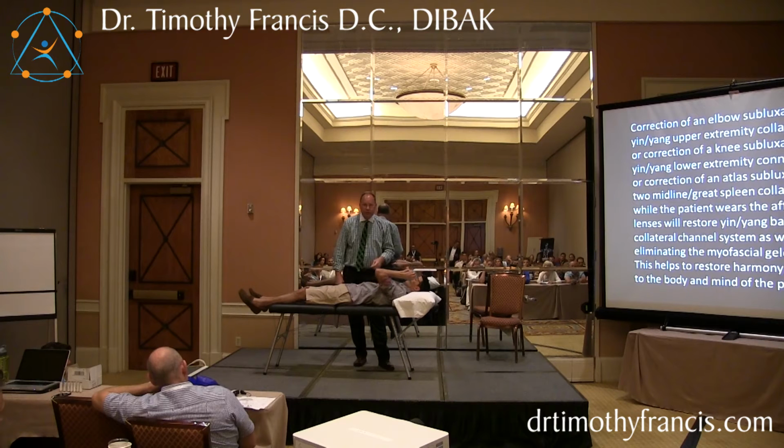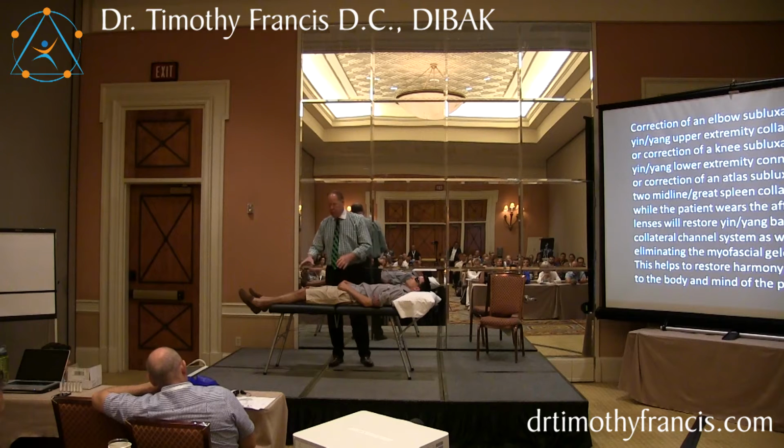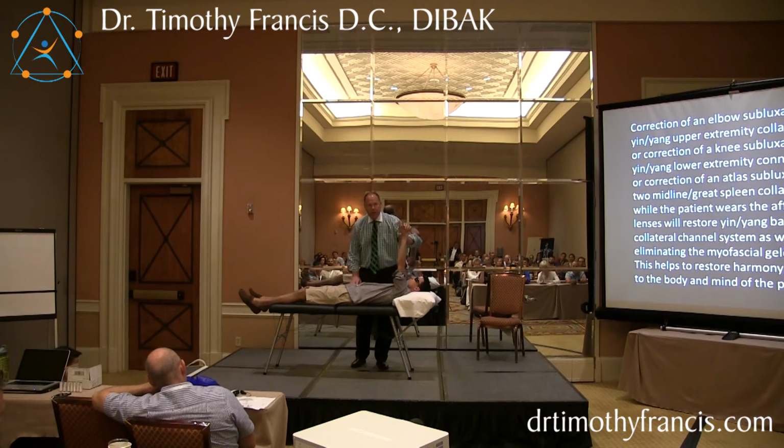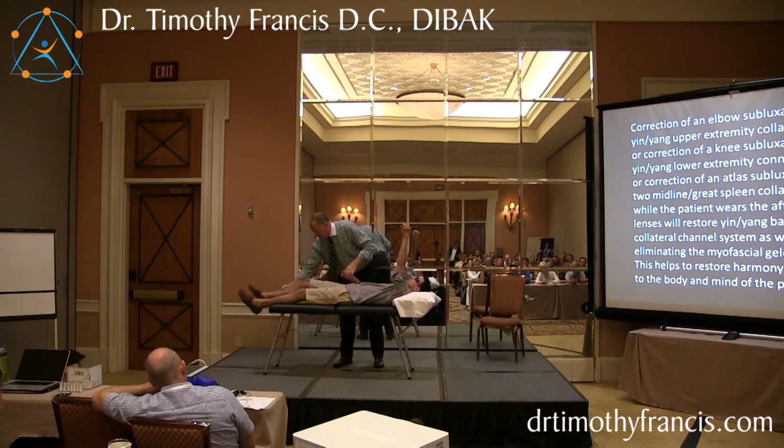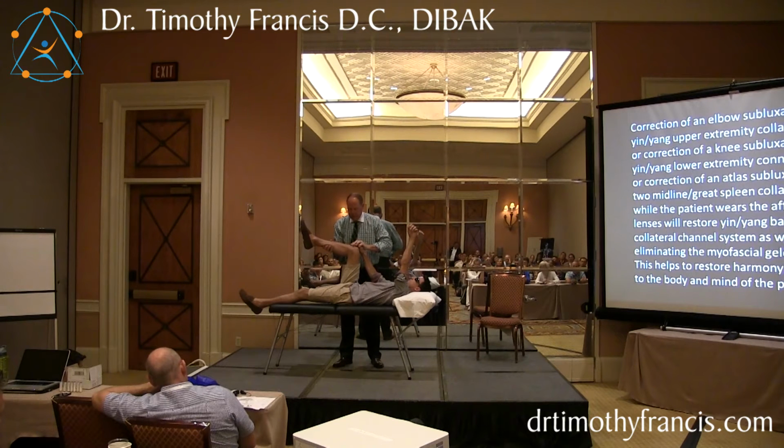Now, is the liver meridian upper or lower extremity? Liver is lower extremity. And what big joint can't it cross? The knee. So we're going to take this, and let's just TL, maybe just the tibia here.